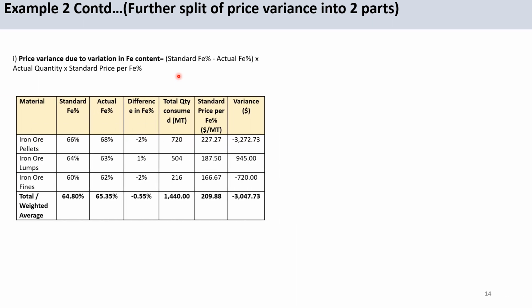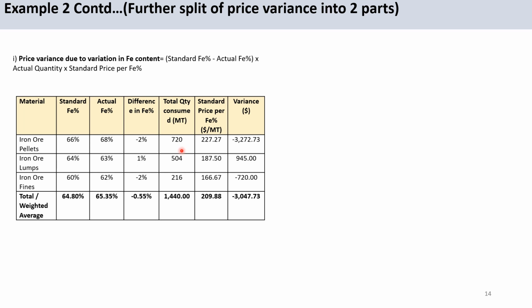So how can we calculate that? We know the standard Fe content for pellets was 66%, whereas actual Fe was 68%. So we actually got better quality material. The difference is 2%. The total quantity consumed is 720 tons of pellets.